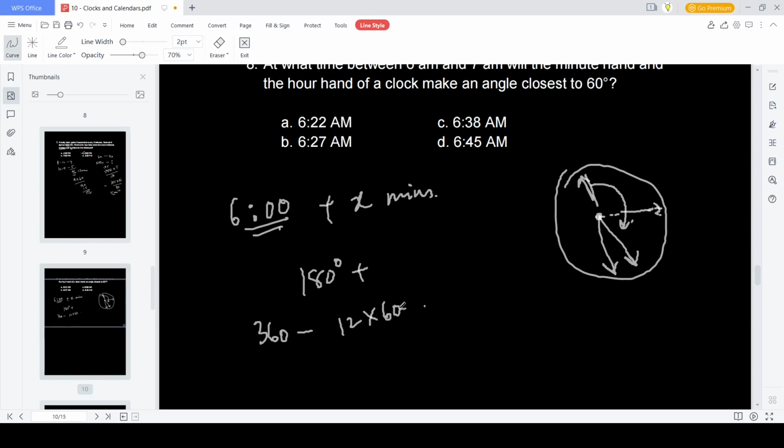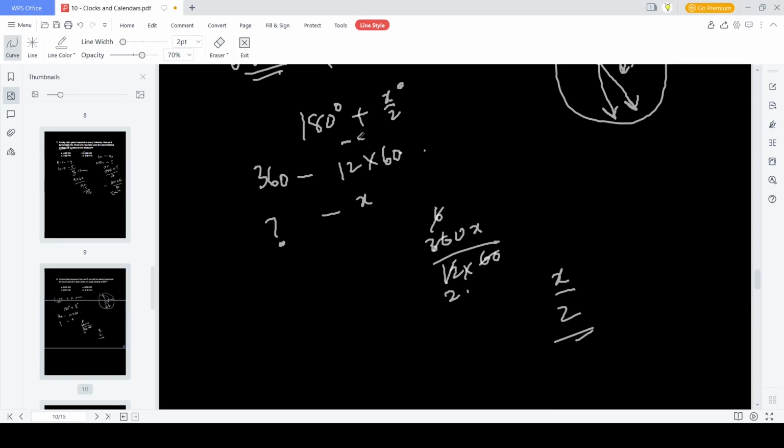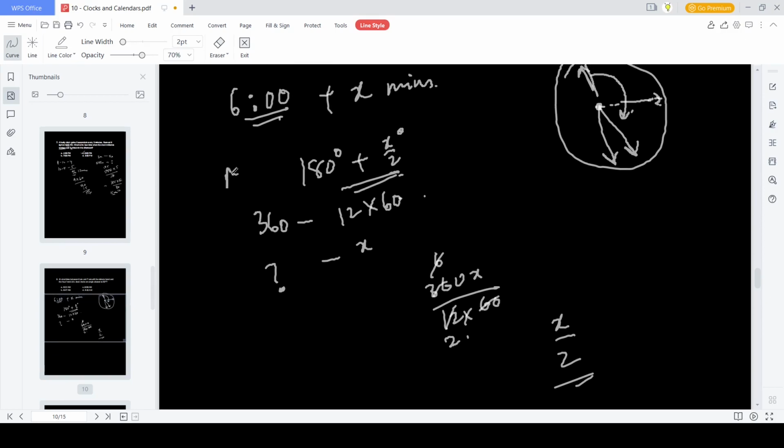That is nothing but 12 into 60 minutes. Okay. So in x minutes, how much is moved? So we simply cross multiply. We get 360x by 12 into 60. This cancels 6 times and this cancels 2 times. So you get x by 2 degrees moved. Okay. So plus x by 2 degrees.